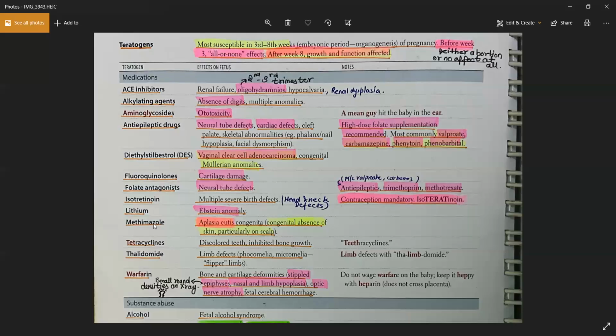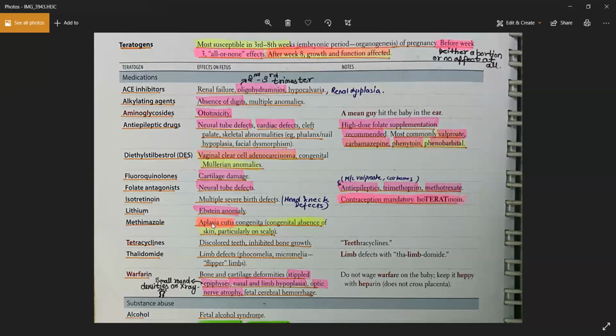Then you have methimazole. When you give the patient anti-thyroid therapy, initially you give them PTU, but after the first trimester, PTU will be replaced with methimazole. If you give the patient methimazole in the first trimester, the patient can have teratogenic effects like aplasia cutis, absence of the skin over the scalp.